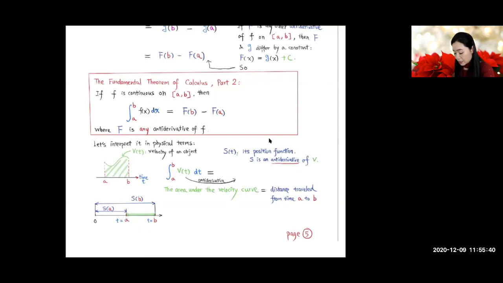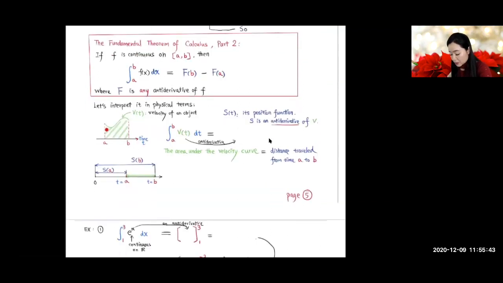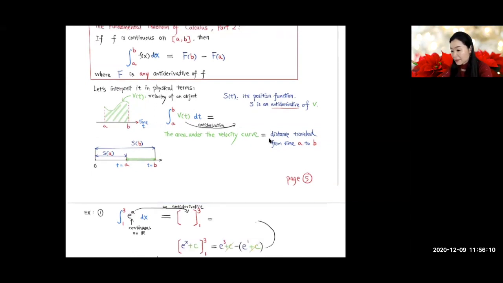So let's try to understand this in physical terms. Now this is the velocity function of an object. When you integrate this velocity function, with the time from a to b, then what happens? Well, that will be equal to an antiderivative of this function, right?